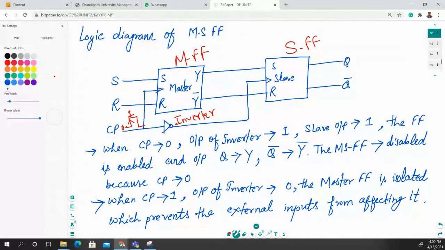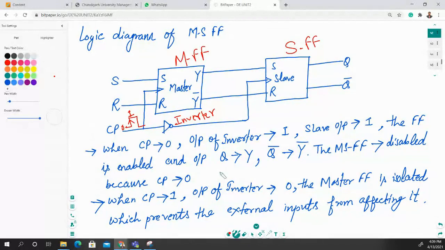Yes, it is a positive trigger. And this is an inverter. Yes, this is positive going. So when you apply a positive going trigger pulse to this master type of flip flop, it will give you the output as Y and Y bar.